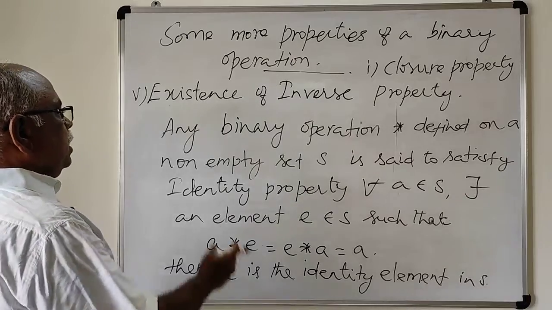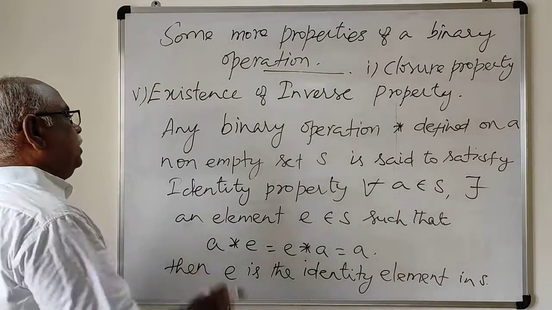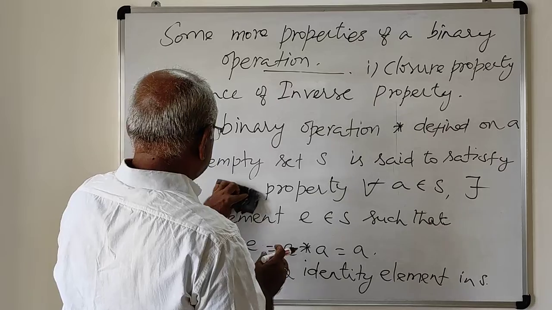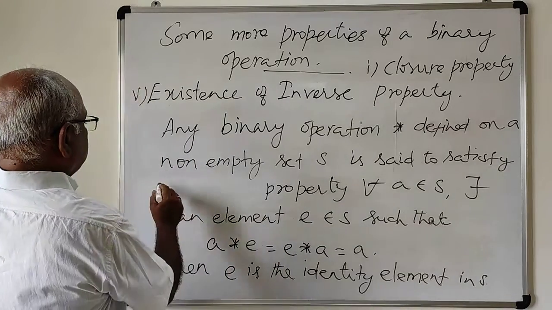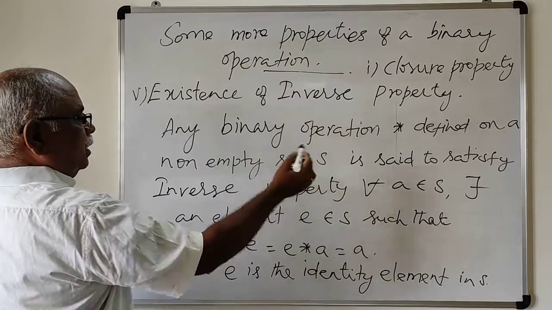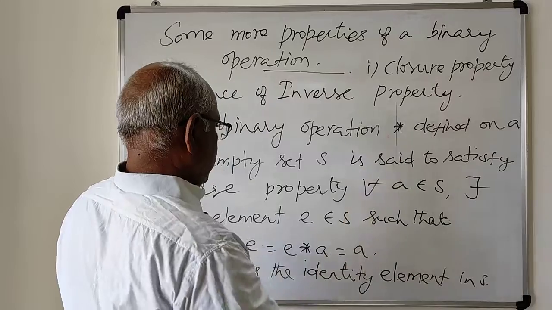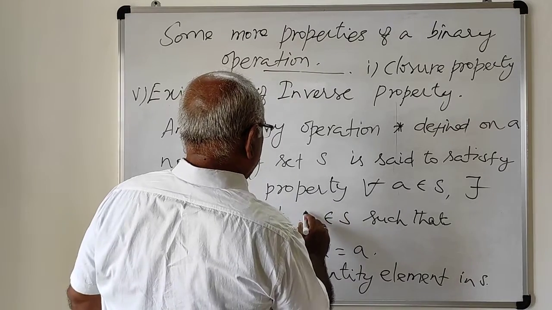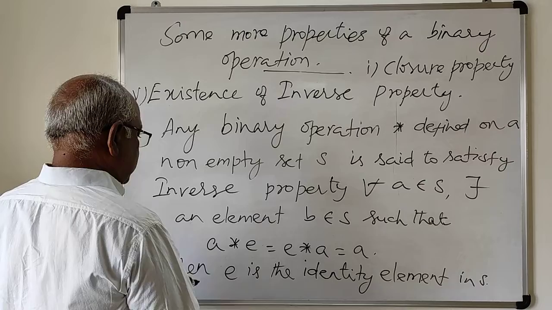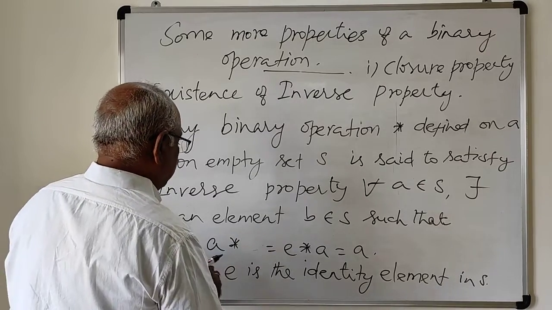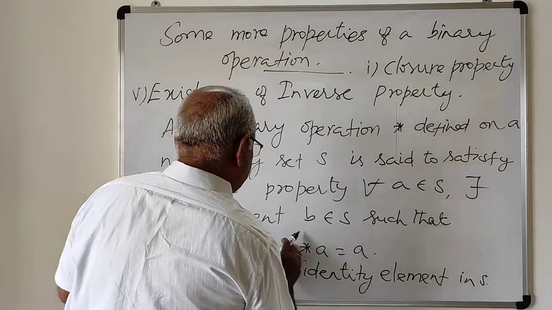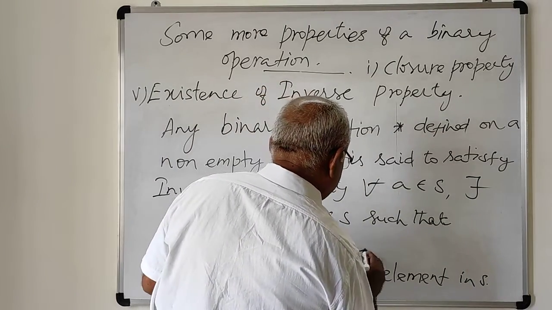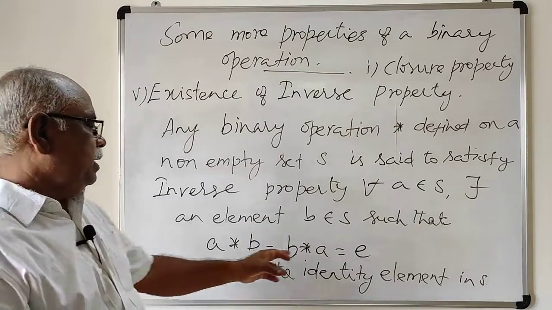Any binary operation star defined on a non-empty set S is said to satisfy inverse property if for every a belonging to S, there exists an element b belonging to S such that a star b equals b star a equals the identity e, where e is the identity element in the set S.